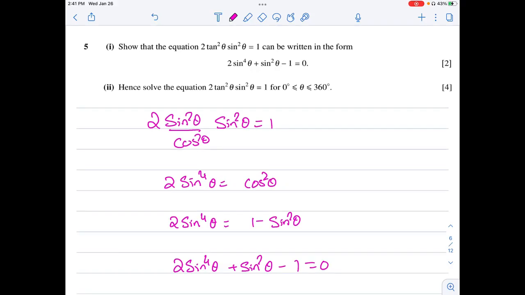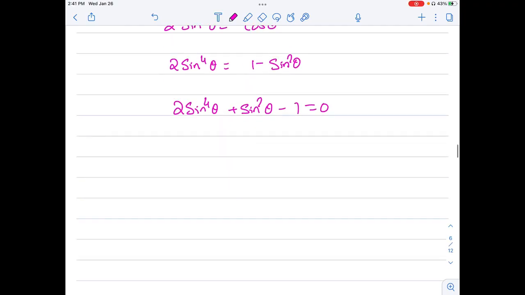Now what is he telling? Hence solve this equation between 0 to 360 degrees. So I factorize this one. 2 sin power 4 theta, plus this can be split into 2 sin square theta minus sin square theta minus 1.